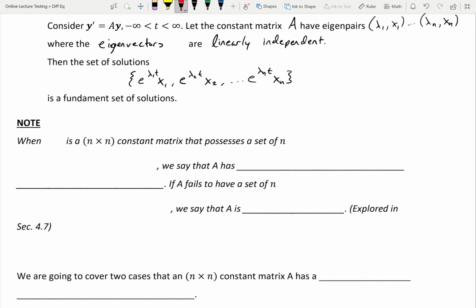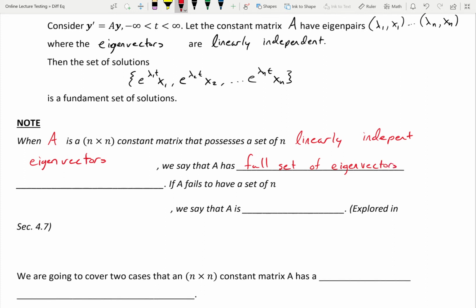When A is an n by n constant matrix that possesses a set of n linearly independent eigenvectors, we say A has what we call a full set of eigenvectors.